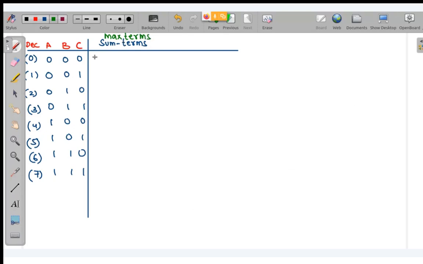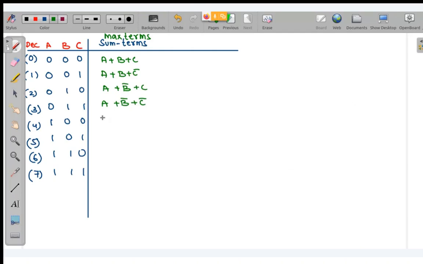So corresponding to this, this corresponds to basically what? A plus B plus C, if it is written in POS form. This will correspond to A plus B plus C complement. This will correspond to A plus B complement plus C. This will correspond to A plus B complement plus C complement.